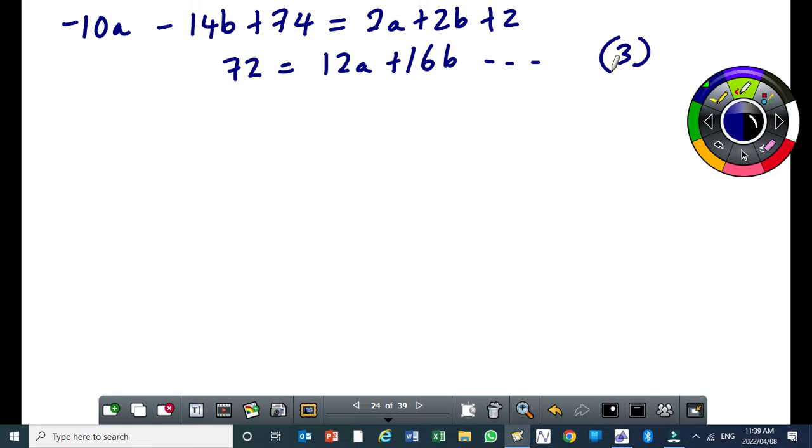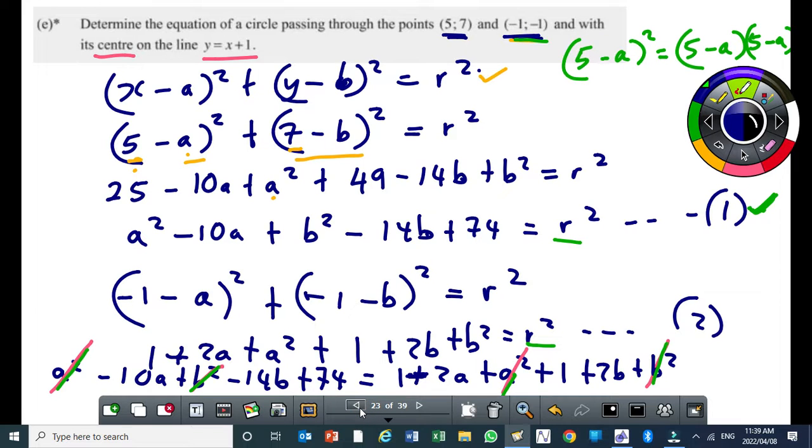Now, if I want to create the fourth equation, which I'll use together with equation 3 to solve for A and B, it means I have to use the fact that the center is along the straight line. And what are the coordinates of the center? It's x is A, y is equal to B.